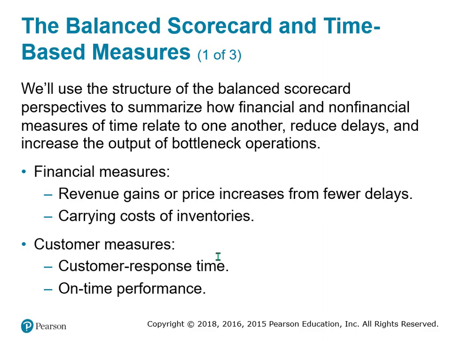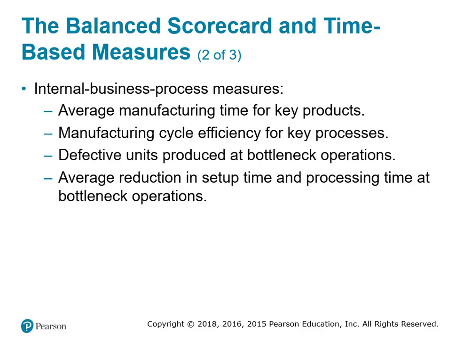So financial measures are revenue gains or increases from fewer delays, carrying cost of inventory. Customer measures would include customer response time, on-time performance. Internal business process measures: average manufacturing time for key products, manufacturing cycle time efficiency for key processes, defective units produced at bottleneck operations, average reduction in setup time and processing time at bottleneck operations.